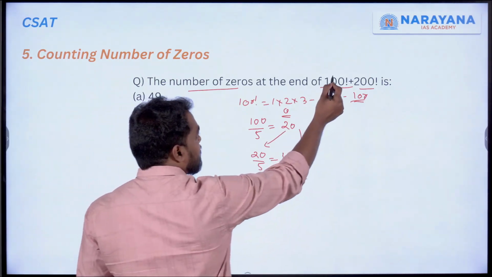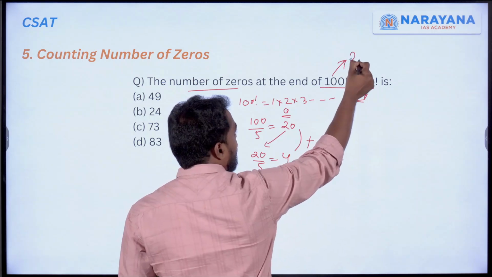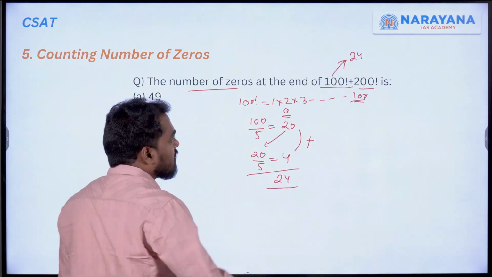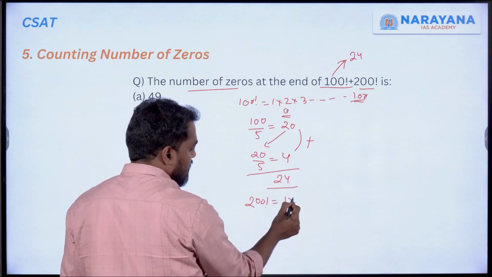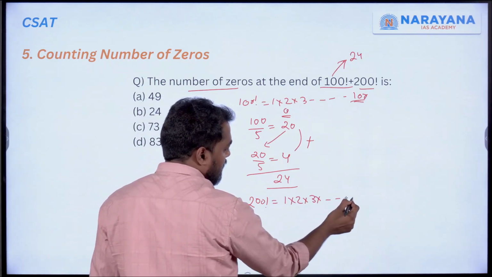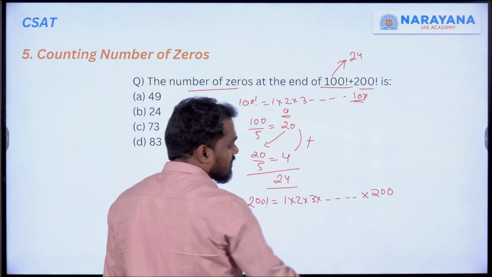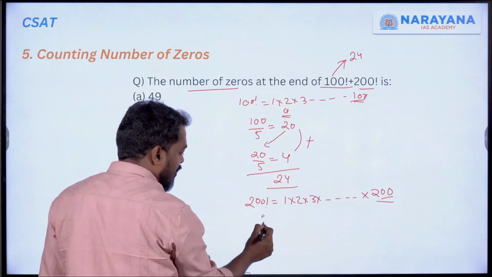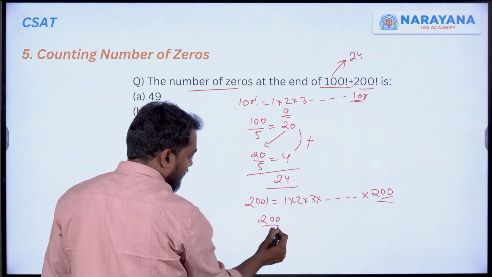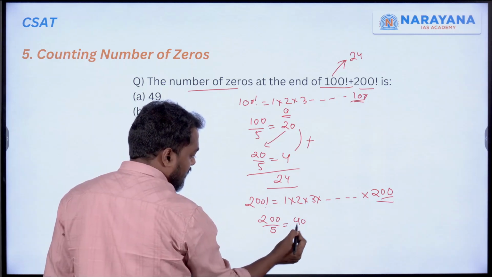So in the first product there are 24 zeros. Next, the second, 200 factorial, that is nothing but 1, 2, 3 up to 200. Continuous multiplication of numbers. So take this highest number 200 divided by 5. That is nothing but 40.